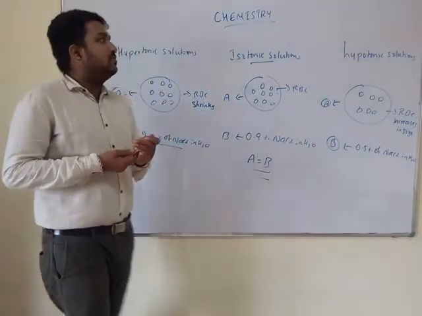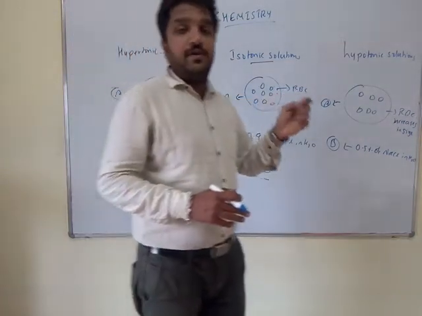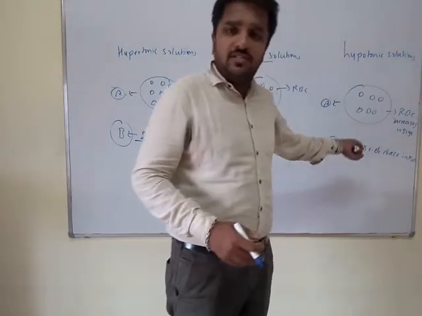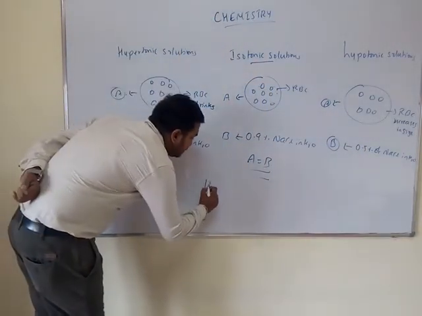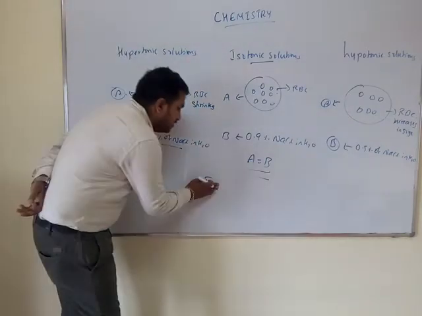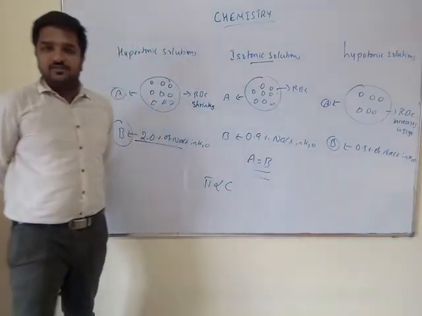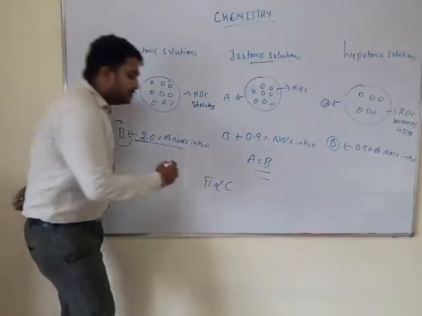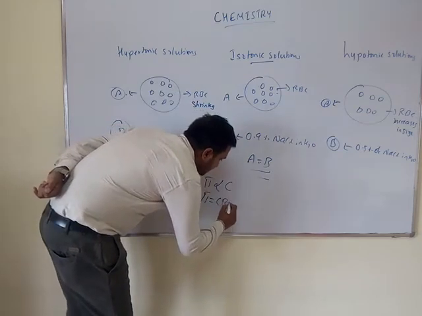Clear? Now let us look at the simple formula. How is concentration proportional to pressure? We have talked about concentration and we have the pressure. So you have to understand that pi will represent the osmotic pressure, and it is directly proportional to the concentration of the solution. Clear? So in order to remove the proportionality symbol, pi equals CRT.